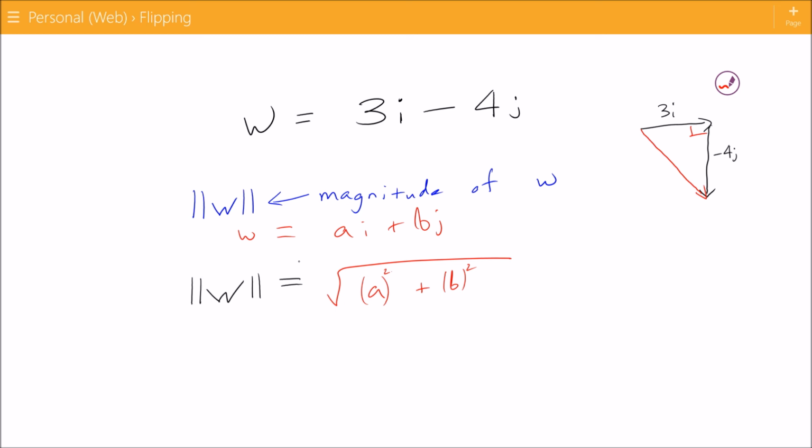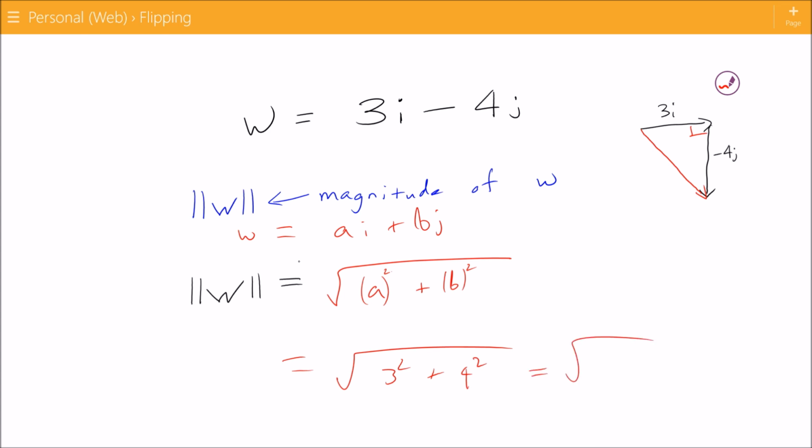This is a right triangle. This is the hypotenuse. That would be the side that would complete it. And so we can solve for the magnitude of w, which is denoted by these double absolute value bars here. So square root of a squared, I can just make a be 3, so 3 squared plus 4 squared.